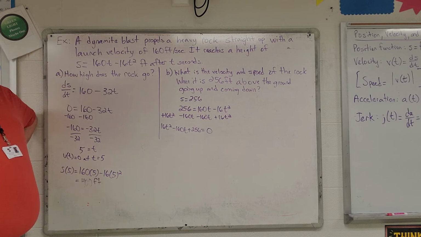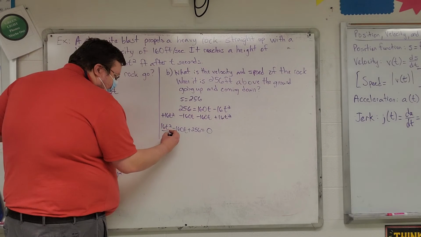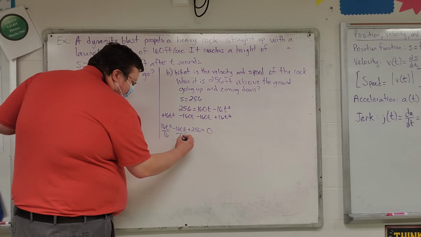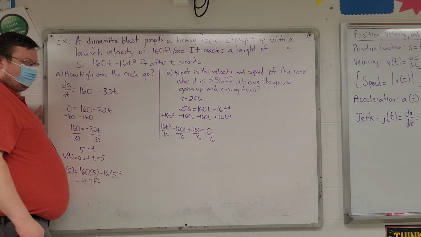I bet every one of those numbers is divisible by 16. So we could just divide through by 16 really quickly to make this a whole lot easier, as long as we do it to everything, term by term.